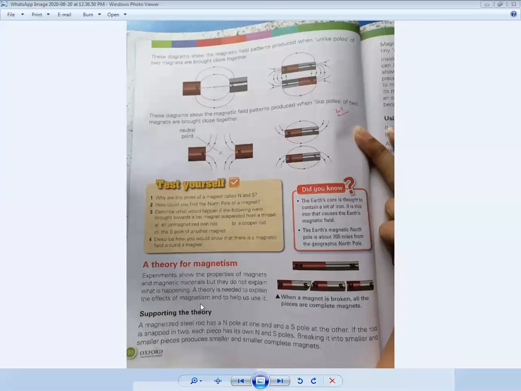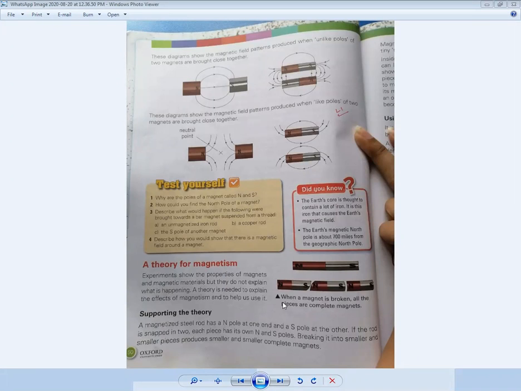So a theory is needed to explain the effects of magnetism and to help us use it in our daily routine life.